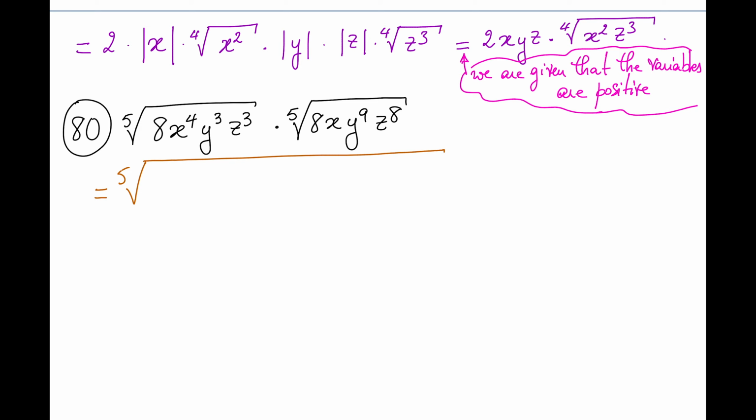So 8 times 8, so 64. X to the power 4 times x to the power 1, so x to the power 5, right? The y cubed times y to the 9 is y to the power 12, am I correct? So y cubed times y to the 9, you add the powers. And z cubed times z to the 8 is z to the 11, correct?